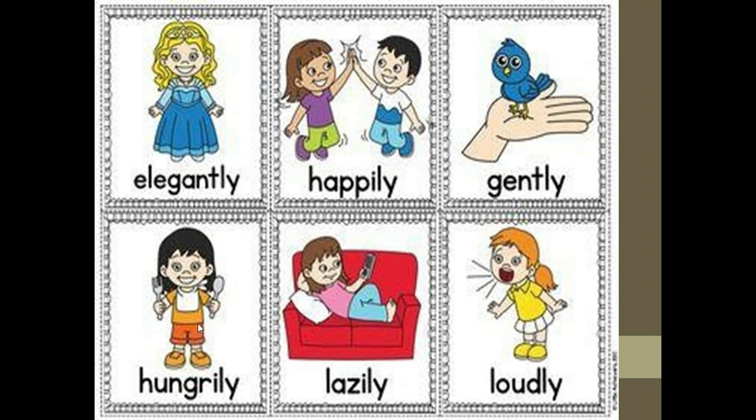The girl ate the whole cake hungrily. Okay, ate is a verb and hungrily is an adverb. And the girl is lying lazily on the sofa, or the girl is shouting loudly. So these all are telling you something about the actions, the verb. So these are called adverbs.